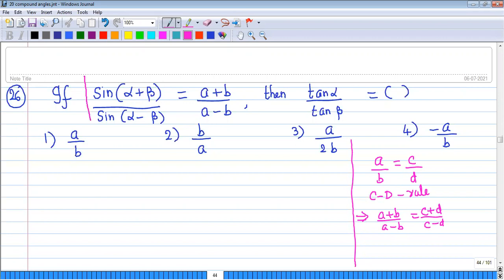Let us apply componendo dividendo rule. It's a very interesting problem.